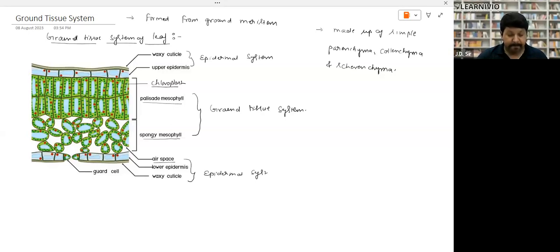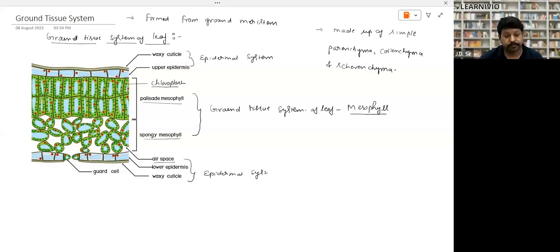Fine. Next one. The ground tissue system of the leaf is called mesophyll.